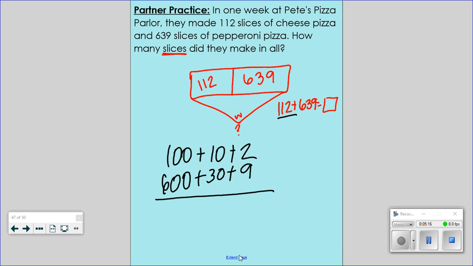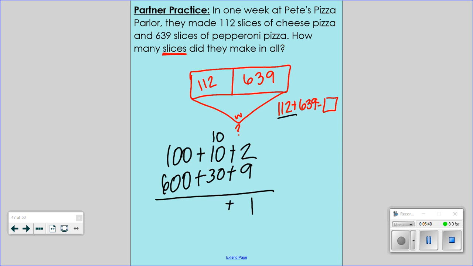Gavin. 11. It gives me 11. Gavin, is that enough to make a trade? Yep. That is enough to make a trade. I'm going to give a trade of a 10, and then Gavin said I have 1 left over. That 1 left over stays.